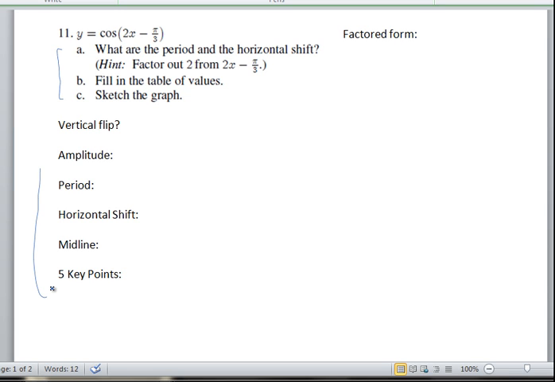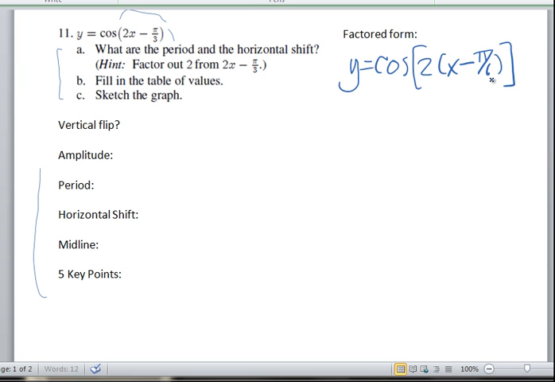Alright, so remember that when we have an equation, y equals cosine of 2x minus pi over 3, where we have both a horizontal stretch or compression and a horizontal shift, we need to factor out what we are sining or cosining. So here we have y equals cosine, and I have 2 times the quantity x minus pi over 6.